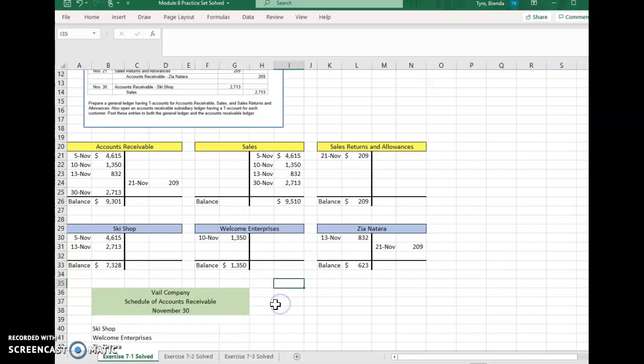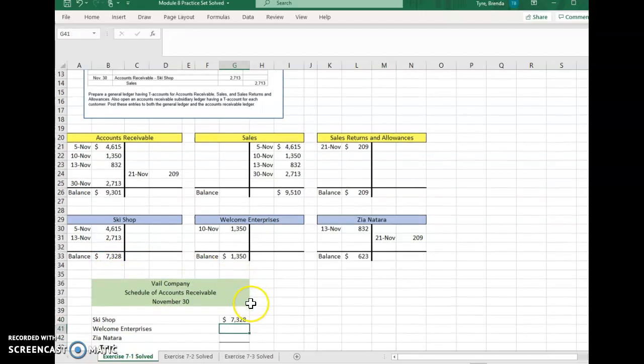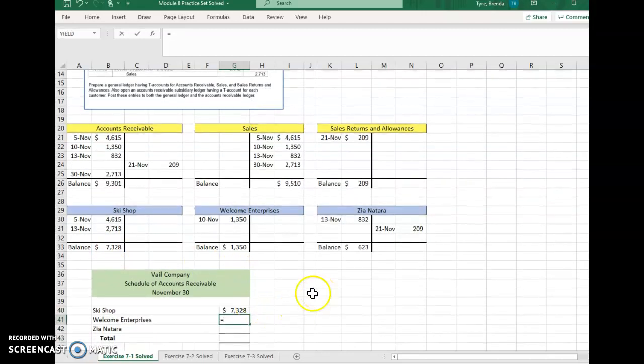At the end of the month, we do the schedule of accounts receivable. And what we're doing here is proving that the balances in these subsidiary ledger accounts equal the balance that we show in our general ledger account of $93.01. So in our ski shop, our balance is $73.28. Our Welcome Enterprises, $13.50.